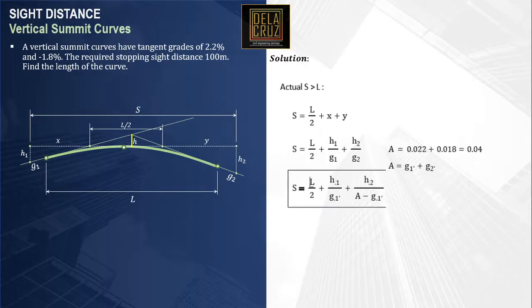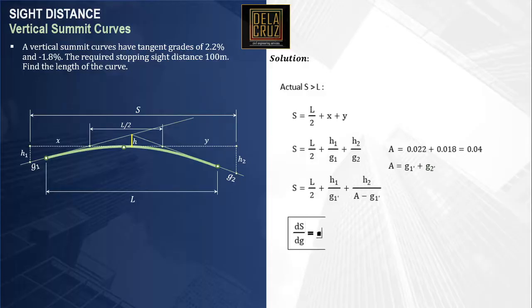Okay. Now, differentiating these ones with respect to the grade, ds over dg must be equal to 0, to have it minimum or maximum. Derivative of L over 2, that is constant, that would be 0. Now, derivative of this one, that would become negative h1 over g1 squared, g1 prime squared.